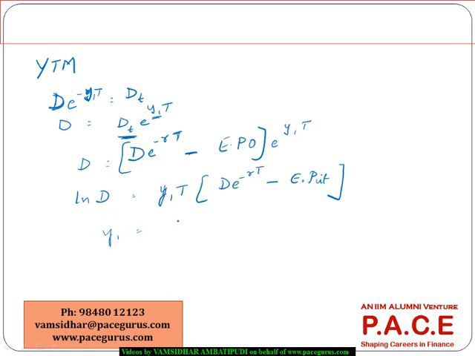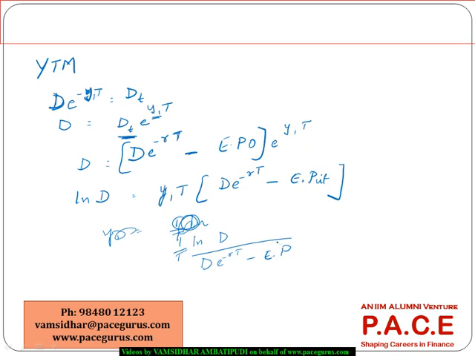y1 is coming out as 1 by t log d. So y1 is nothing but 1 by t log of d divided by d e to the power minus rt minus the value of the put option.